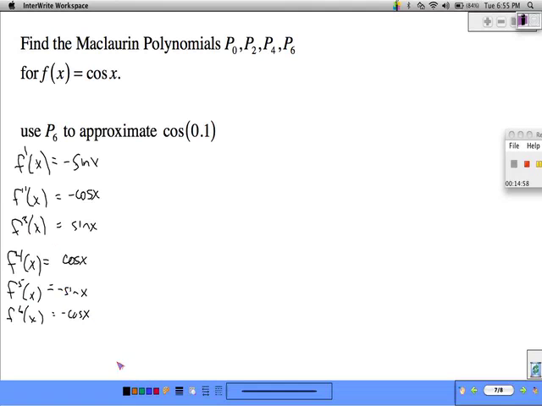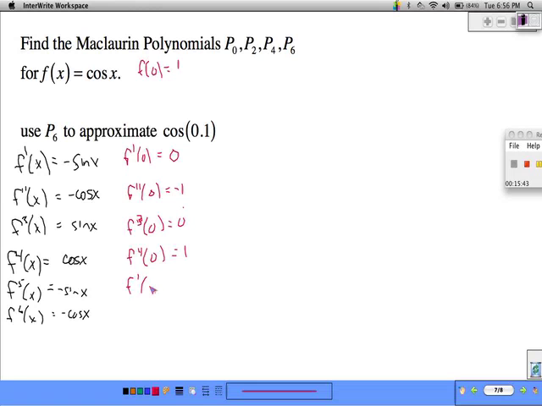And because this is a Maclaurin polynomial, I'm evaluating these at 0. So the cosine of 0 is equal to 1. Sine of 0 is 0. Second derivative evaluated at 0 is negative 1. Third derivative at 0 is 0. Fourth derivative is 1.